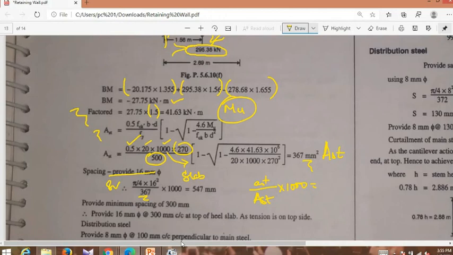What is small Ast? For the bar you are using, that is pi d square by 4, divided by capital Ast, multiplied by 1000. So we have got 547 mm. Therefore we can't provide this, the nominal spacing should be lesser or equal to 300 mm, so we can't provide greater than 300. Therefore, we will go for 300 mm.